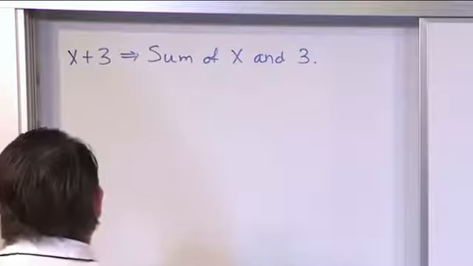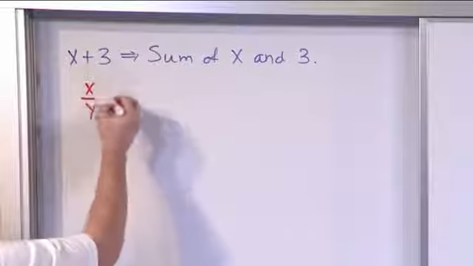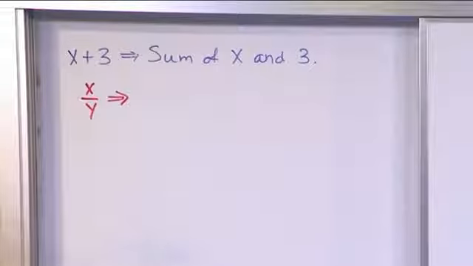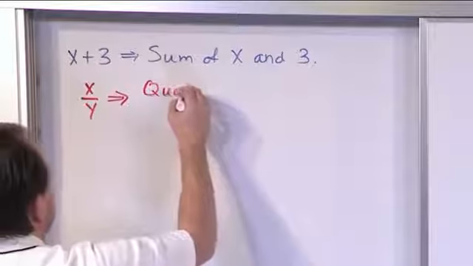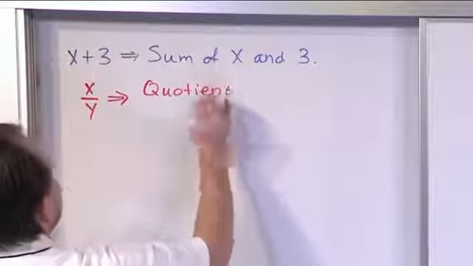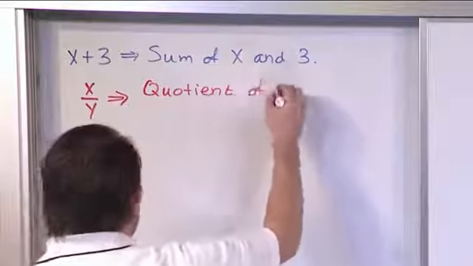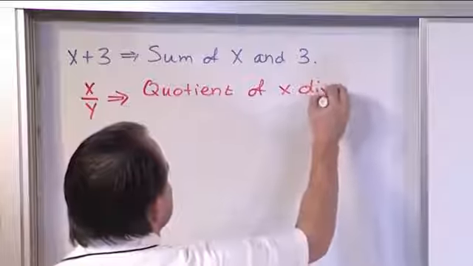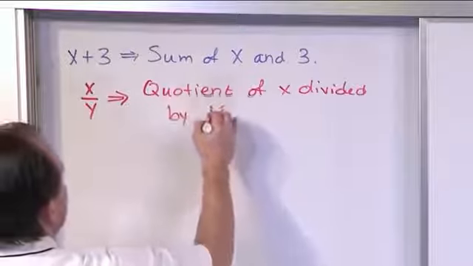What if you had something like x divided by y? How would you write that down in words in terms of algebra? The key word here is quotient. Anytime you see quotient, it means division, right? It's the quotient of x divided by y.